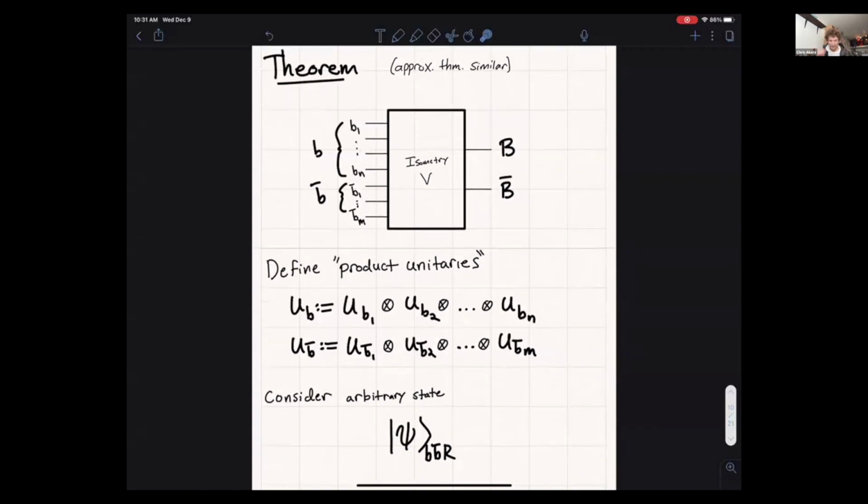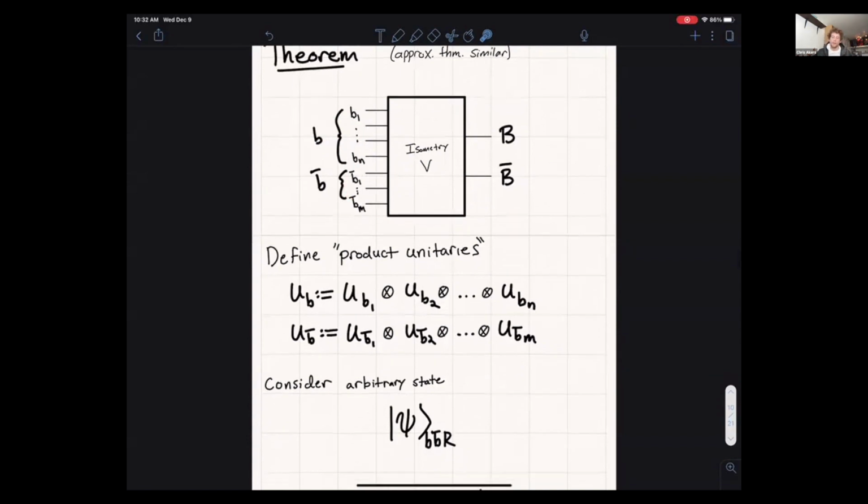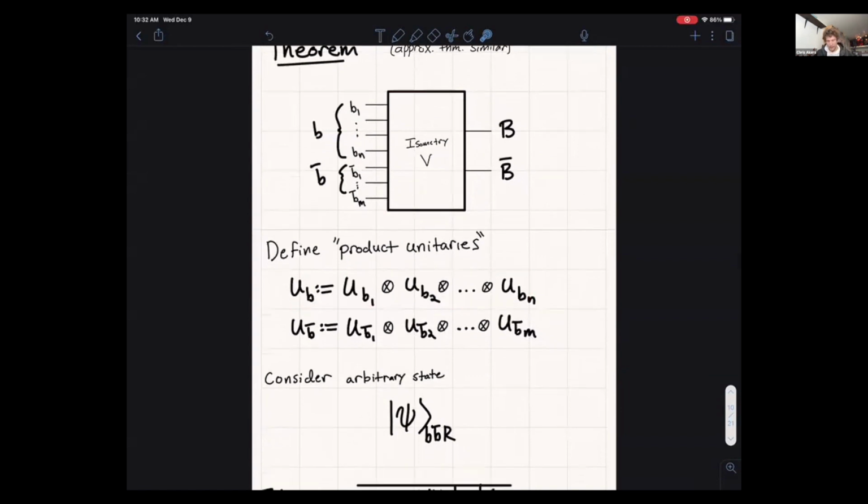So the idea of the theorem is, first, you have this isometry, and then we're going to consider some subset of the input legs to be little b, and some subset to be little b bar. And we're going to define product unitaries, as I said before, which are just unitaries that factorize across these inputs.